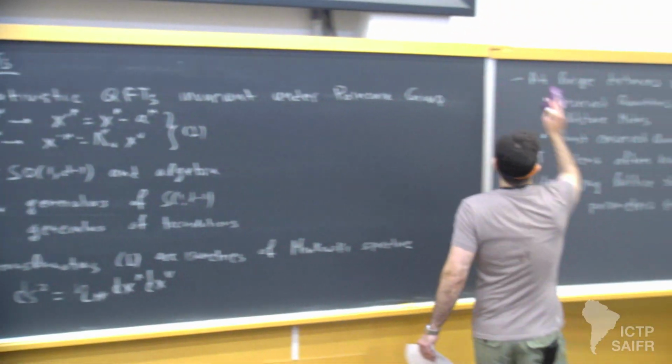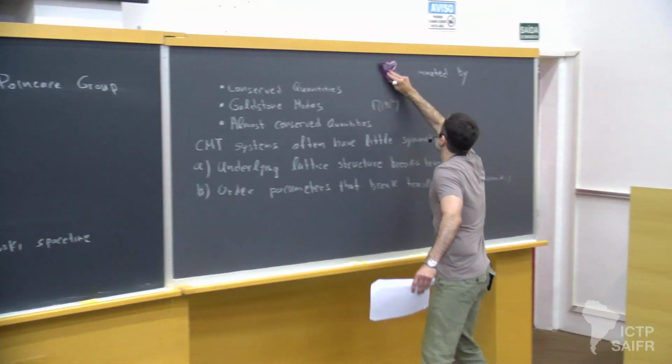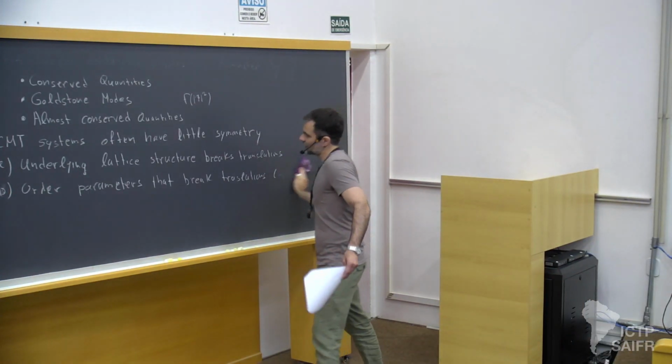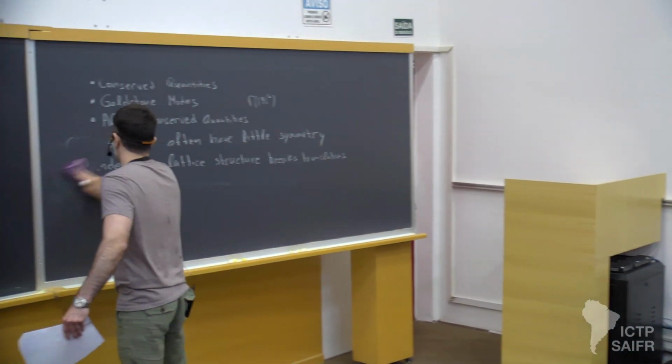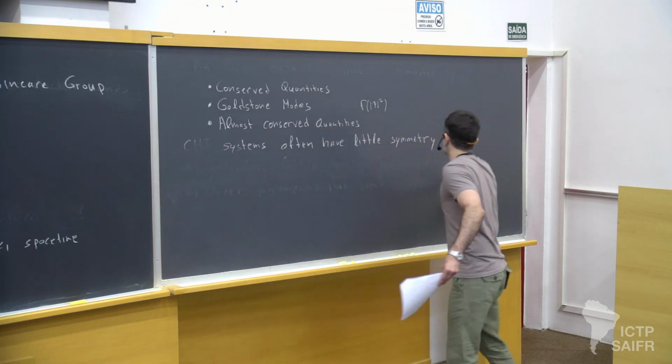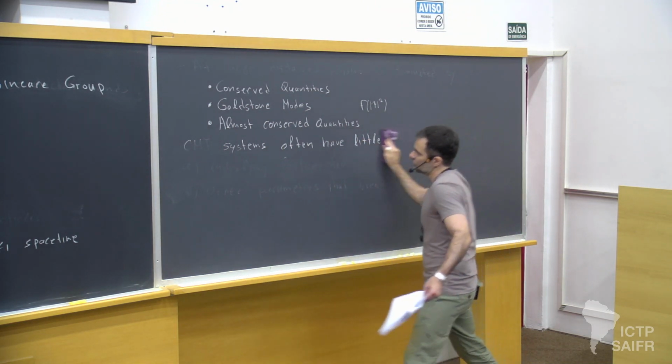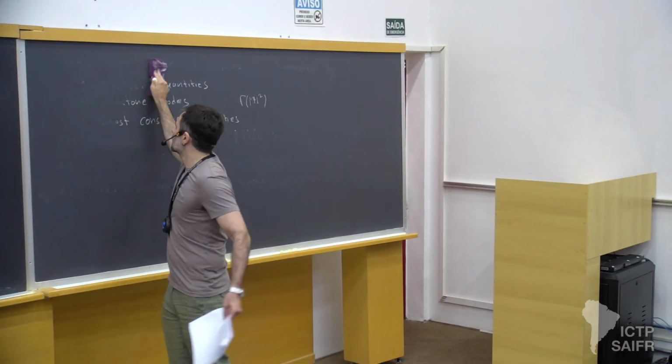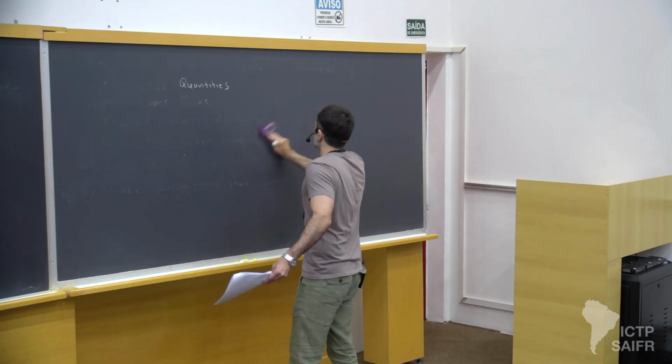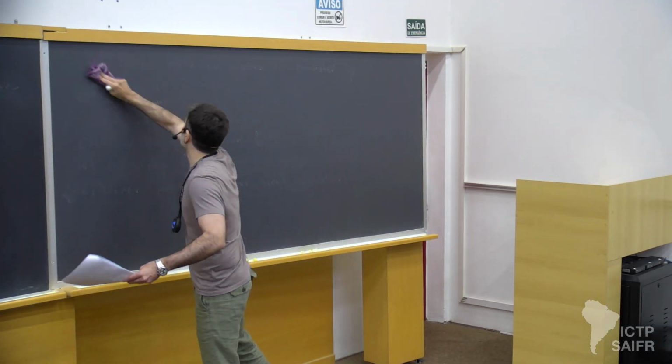Now, for a theory which flows, which is exactly at the fixed point, you want to have additional symmetries. That's not enough.